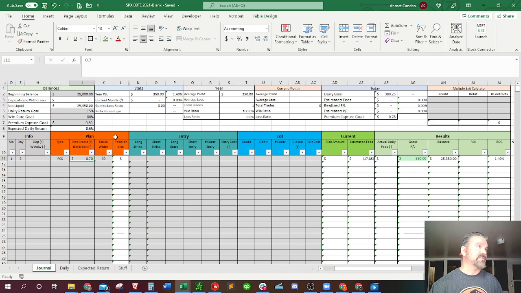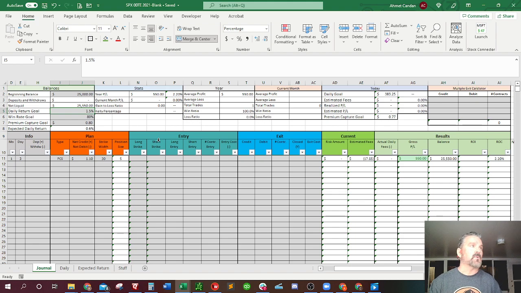So I would have to get something else. But let's try this. Let's just pretend we're going to get $1.10 out of this. If I capture 85 cents of this $1.10 premium, then what's going to happen is I will land at 1.5% return for the day.